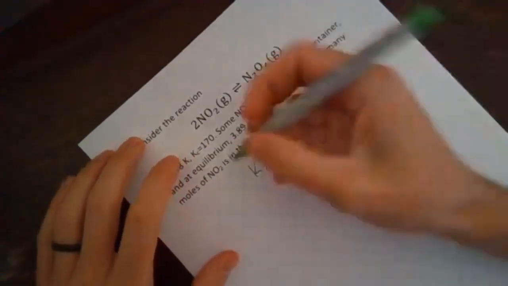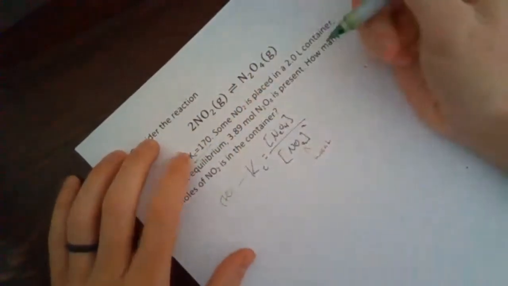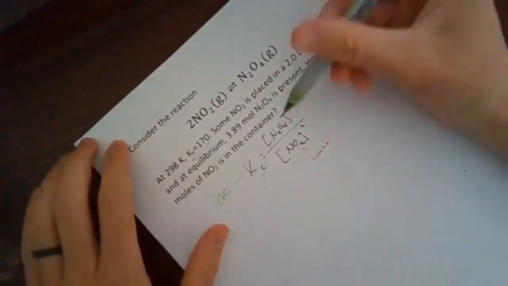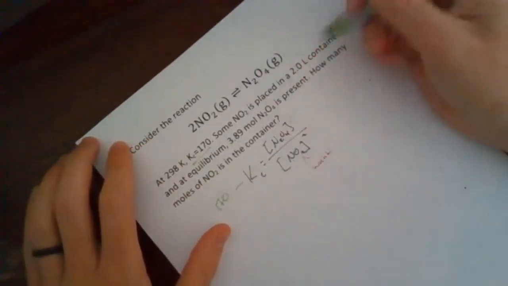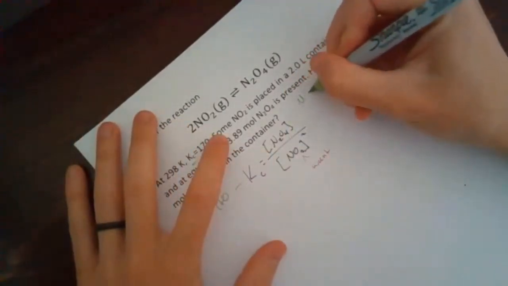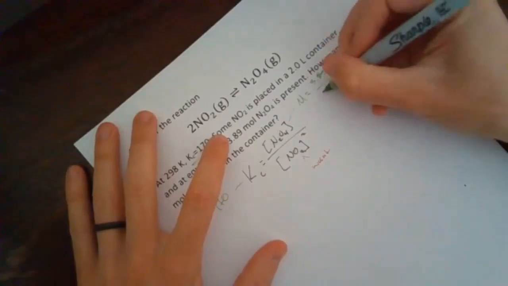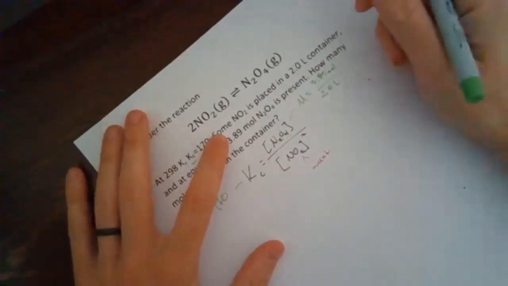And so the question is, do we have everything else? Well, Kc right there is 170. That's a number we would want to know. And N2O4, that's the concentration of N2O4. We're given moles. So we know molarity is going to be the 3.89 moles divided by 2.0 liters, right?